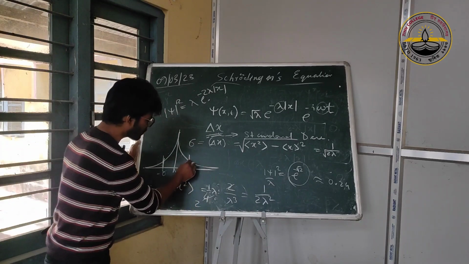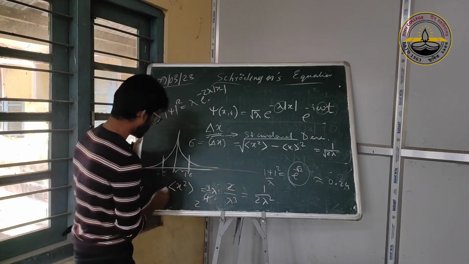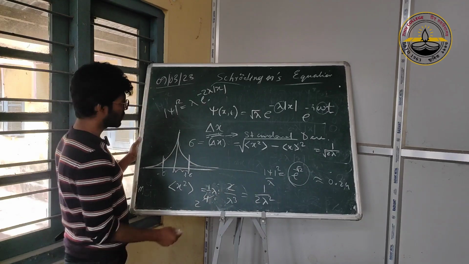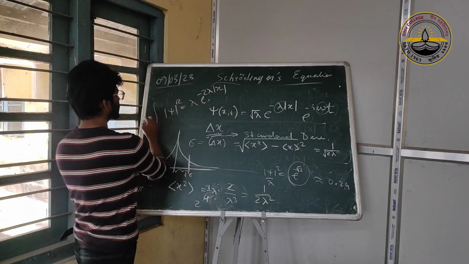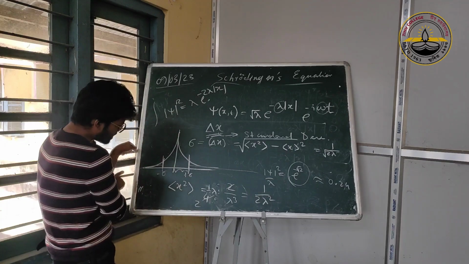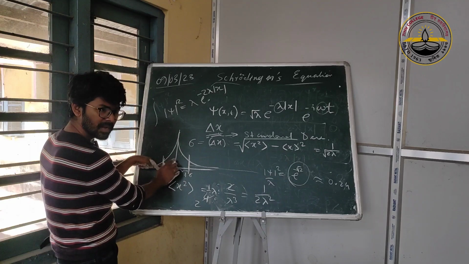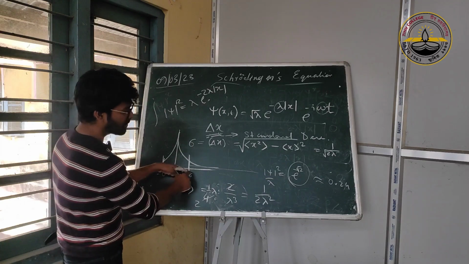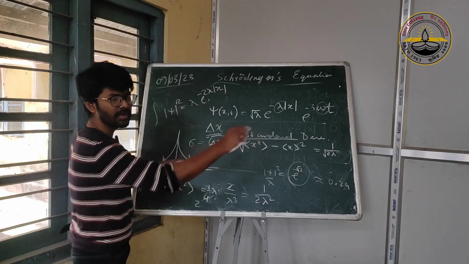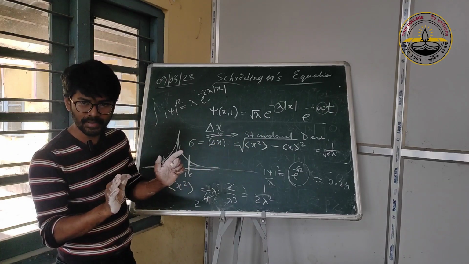I asked you what is the probability that it will be either on this side or this side. So you just have to integrate mod chi square from minus infinity to minus sigma and leave this part, I didn't ask you, plus infinity to plus sigma to infinity, and that is your probability.